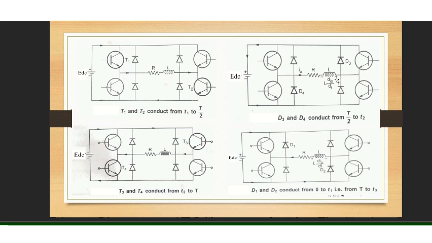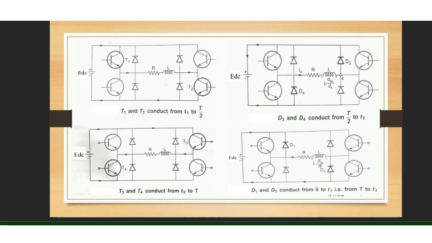So as you can observe here, between T by 2 and t2, the polarity has reversed. The energy stored in the inductor is now getting dissipated. This leakage current, that is, the energy being dissipated by the inductor or the load, has to be fed back to the supply.